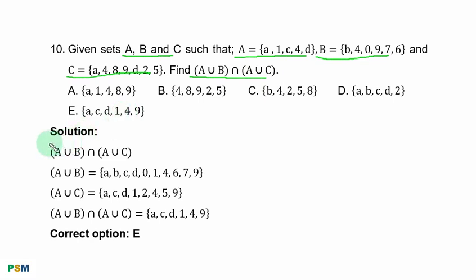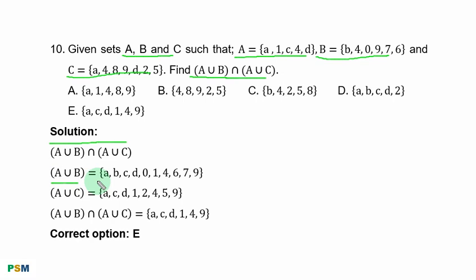Solution. To get this set, we need to get the various parts. The first part is A union B, the combination of all the elements in set A and B, avoiding repetition.